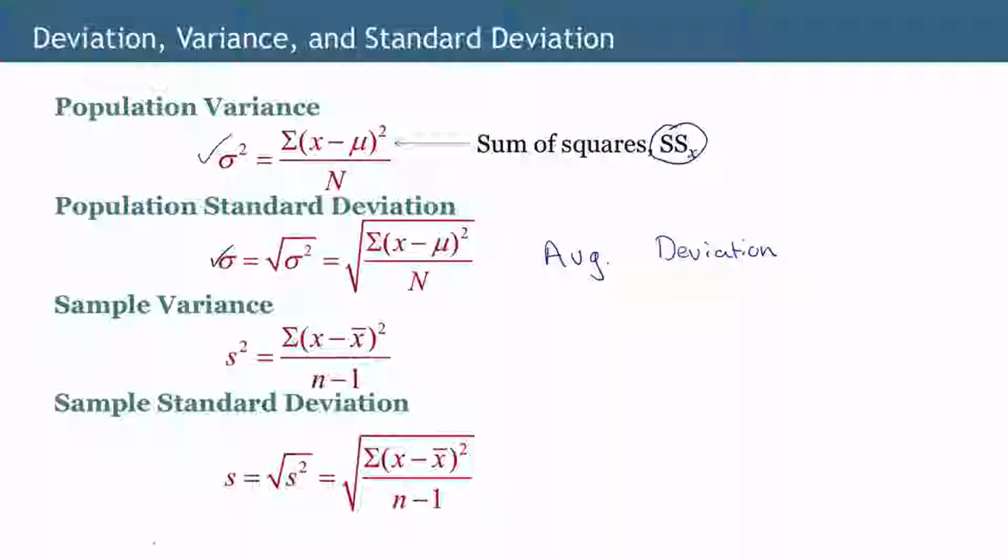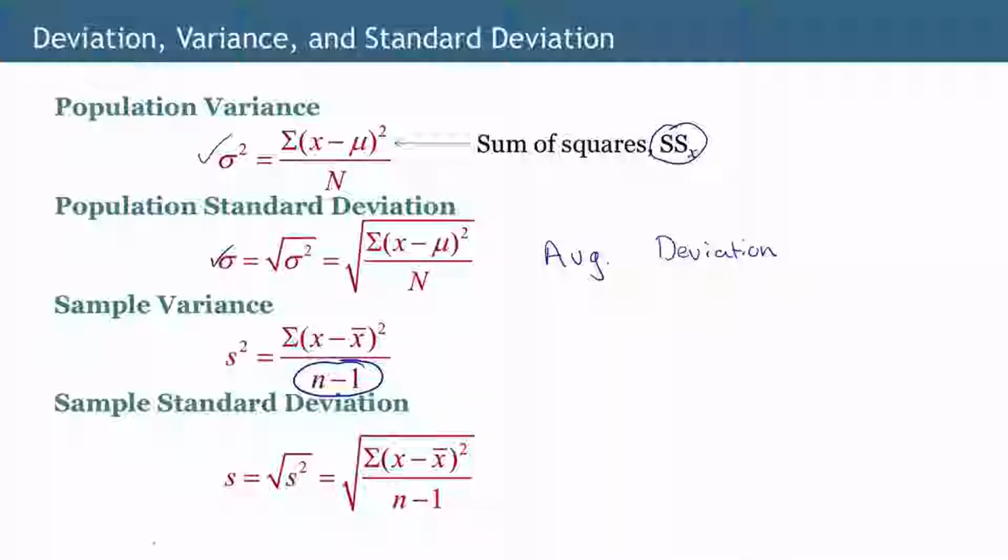Those are your symbols. Now, if it's a sample, sample variance is S squared. And notice you don't divide by n, you divide by n minus 1 for a sample. Basically the reason is because it's a sample, it's not quite as accurate. And so to correct some of the inaccuracy, you divide by n minus 1, is essentially the idea. We could go into that in a lot more depth, but that's not our focus, so we aren't going to do that.